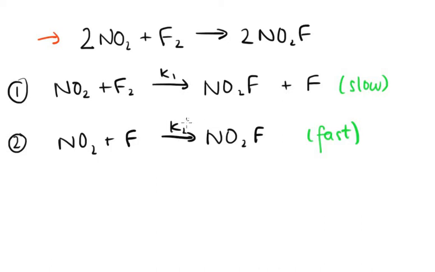So let's start with finding the rate law for each elementary step. There are two elementary steps for this reaction mechanism. So for each reaction step, we can find its own rate law. So let's start with the first one.